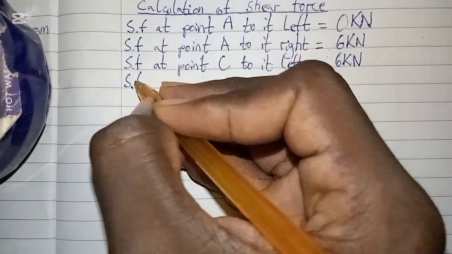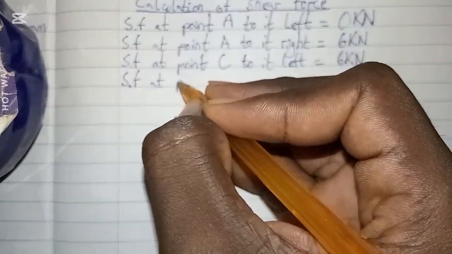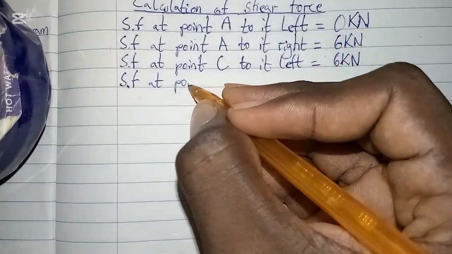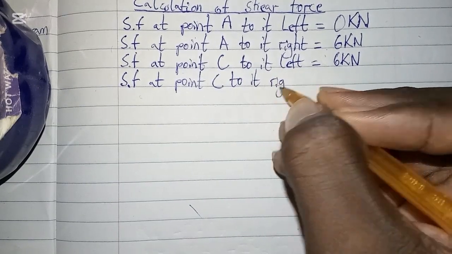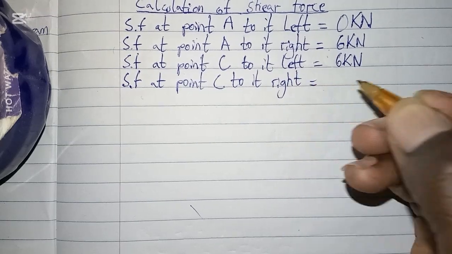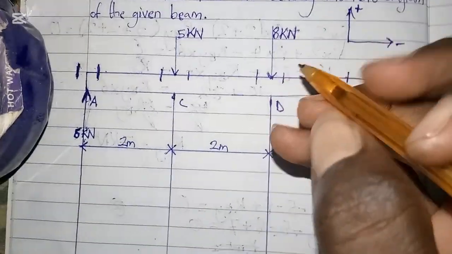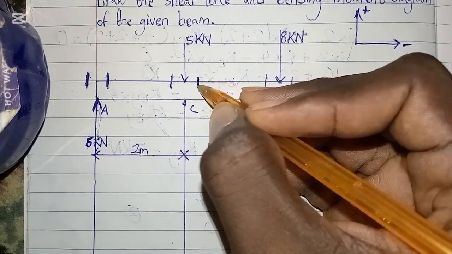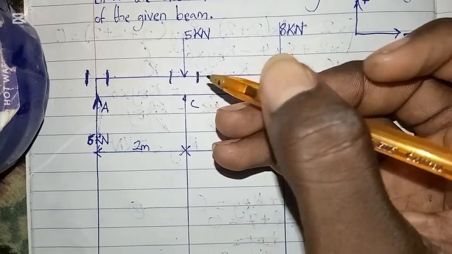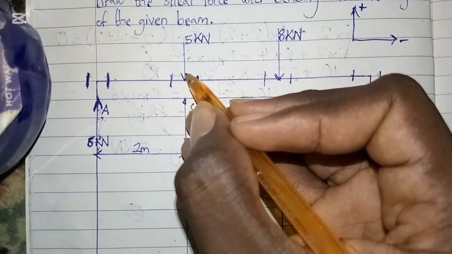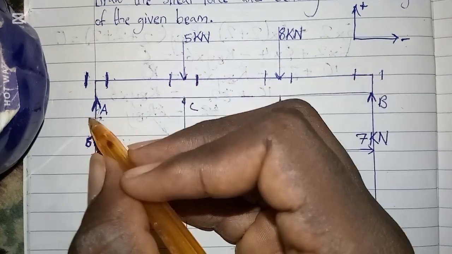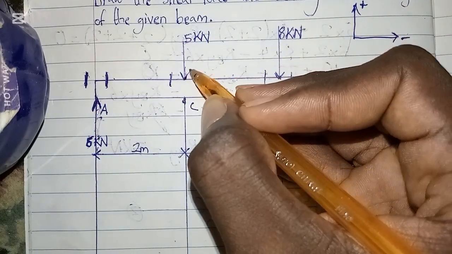Shear force at point C to 8 right. So to 8 right is here. When you stand at 8 right here, what forces can you see? You can see this reaction and this force also.